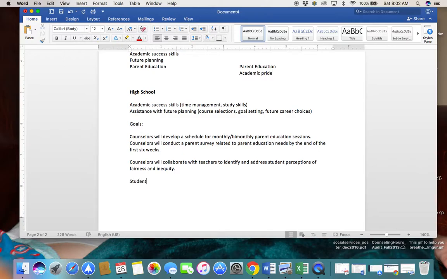Students will increase, well, we have some issues with that because students will demonstrate respectful interactions with adults and peers.